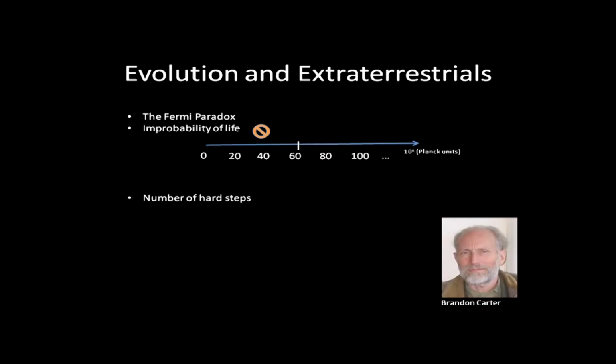So again, connecting this to the earlier observation that there is some time left over between when intelligent observers like us did evolve and how late they could have evolved, we can now get some information related to the number of improbable steps here. If you're unsure about how many of these locks there are, you can observe how much time is left over when the suitor finally makes it through.